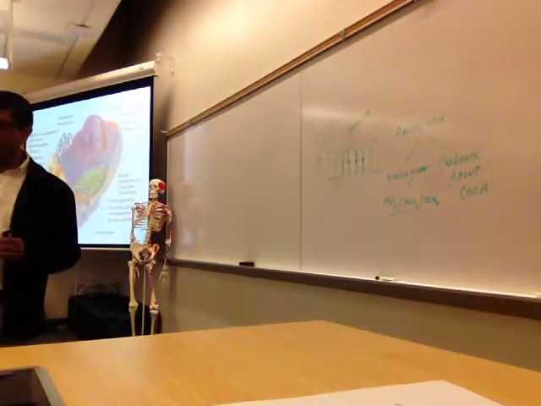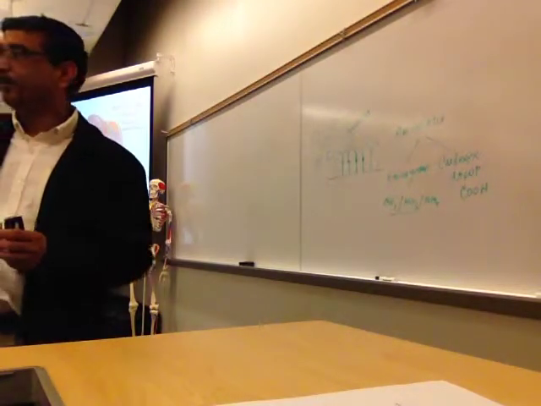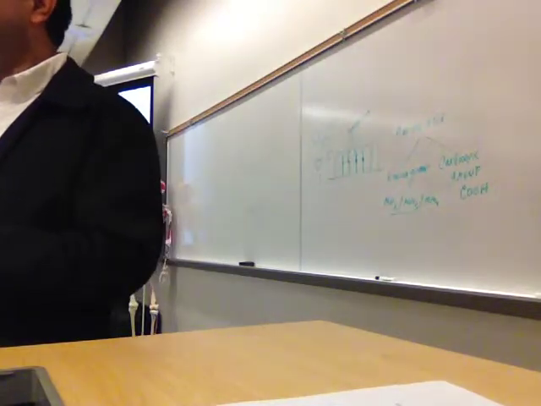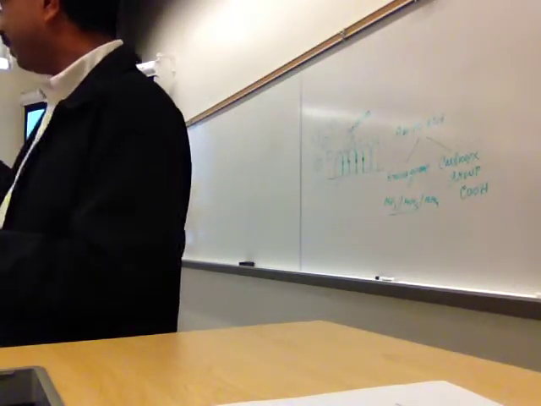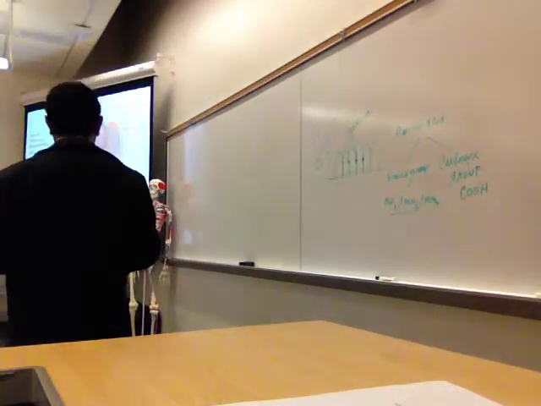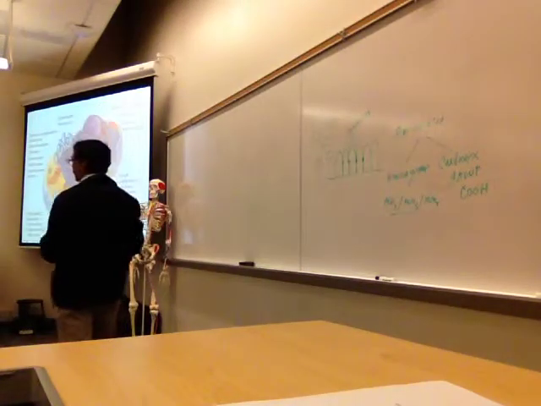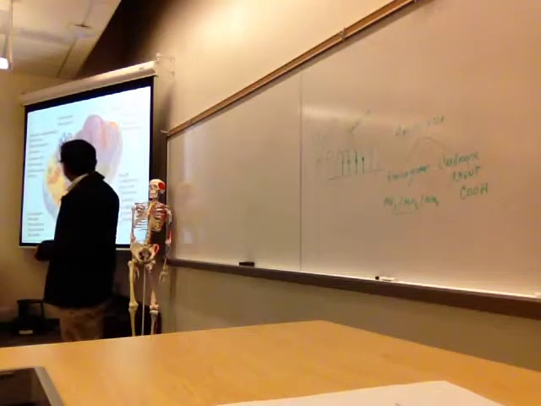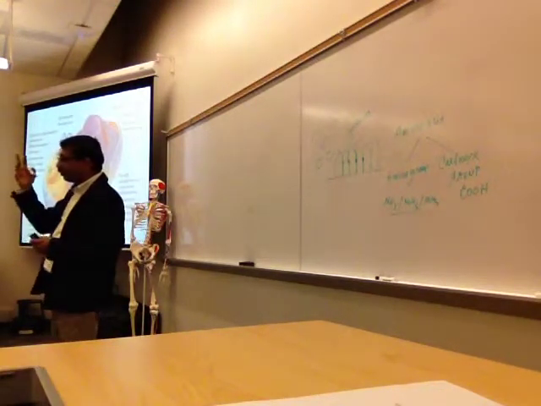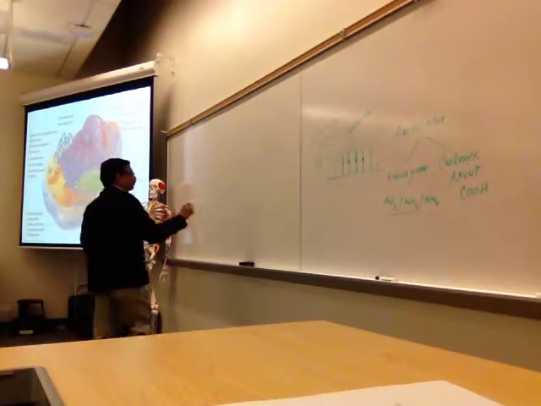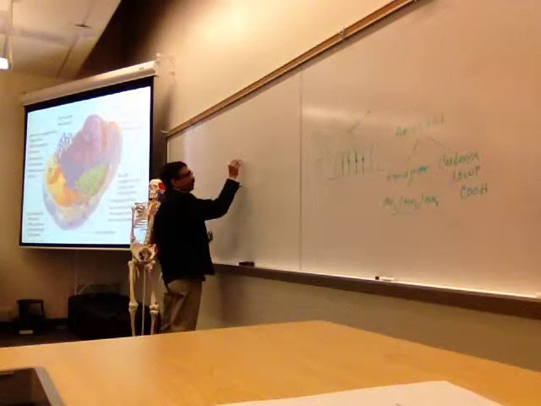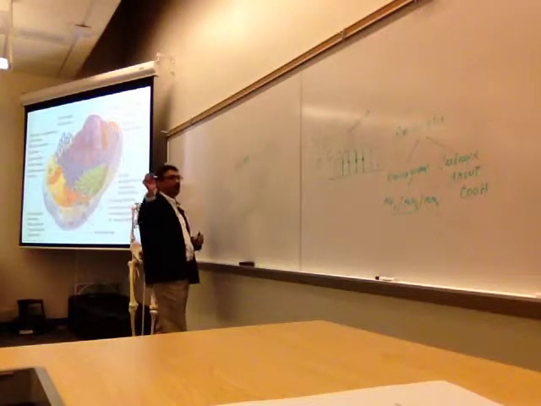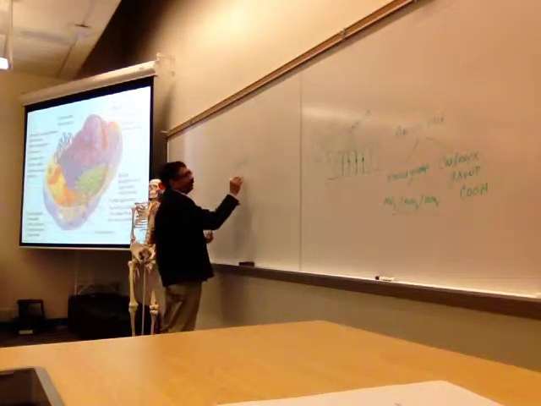Because the nucleus has DNA, that will transmit the hereditary information. So those are two very important functions of the nucleus. The nucleus has four different structures. One is called the nuclear envelope.